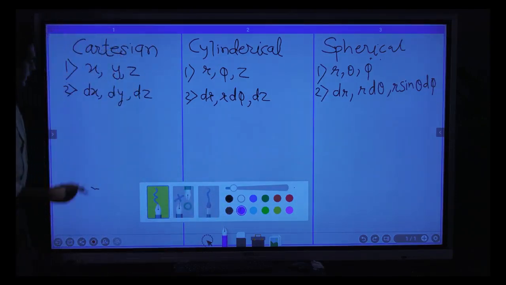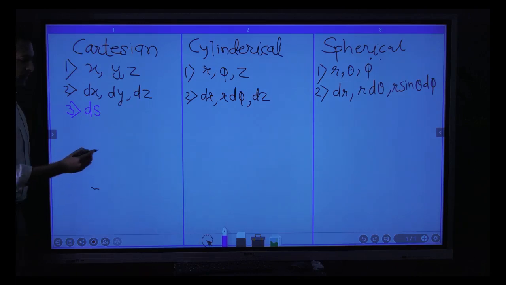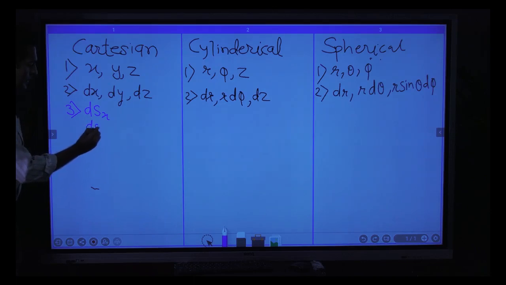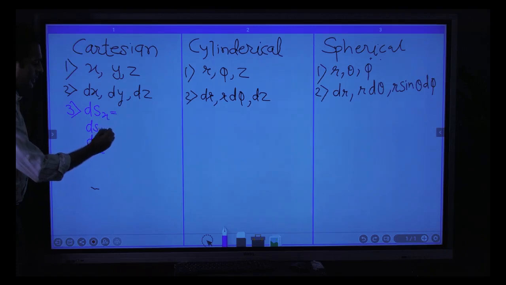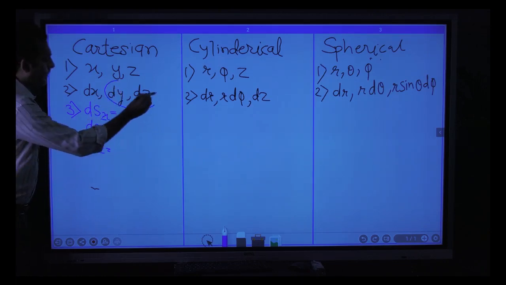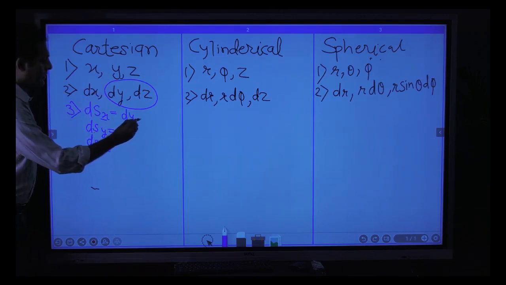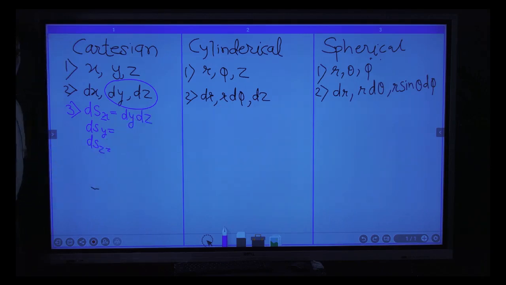So first we'll see for Cartesian. For differential surface we have to find out the differential surface for three constant planes. One will be ds(x), second one ds(y), third one ds(z). For x, the differential surface will be the product of the other two components, dy and dz. So dsx will be equal to dy dz.